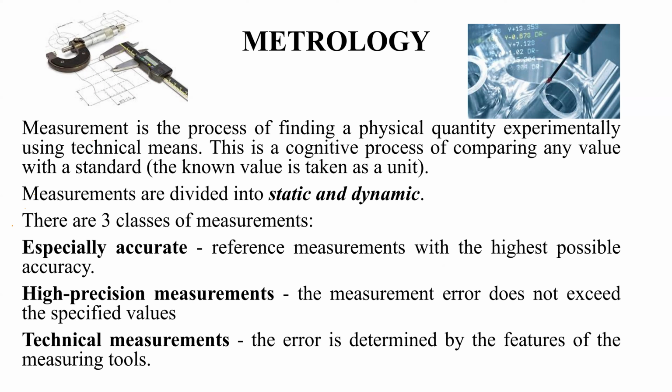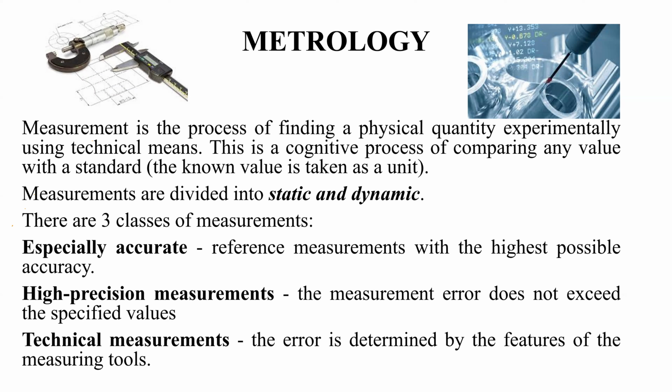We can also understand it as a cognitive process of comparing a value with a standard. So, in comparison, measurement is divided into static and dynamic. It's easy to understand.